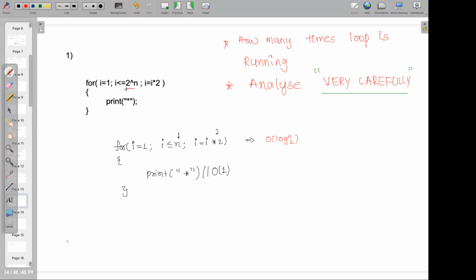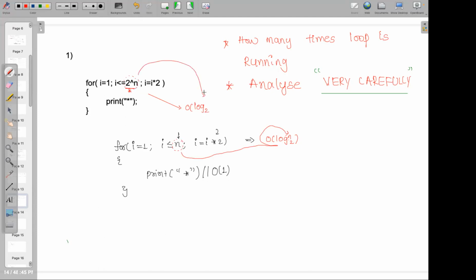But what is the value that is present here? 2 power n, right? Therefore, how many times is this loop running? Order of log base 2, whatever the value that is present, that should be present here. Similarly, whatever the value that is present here, that should be present here.